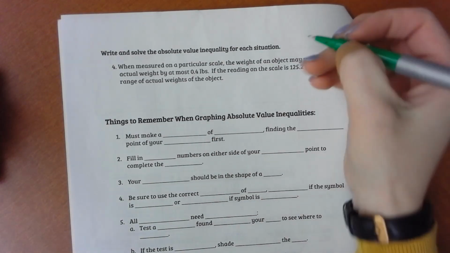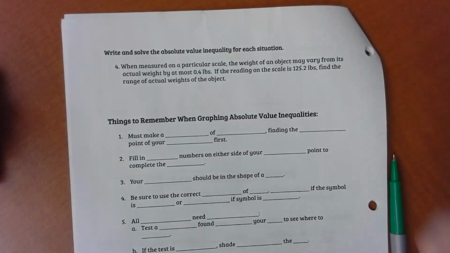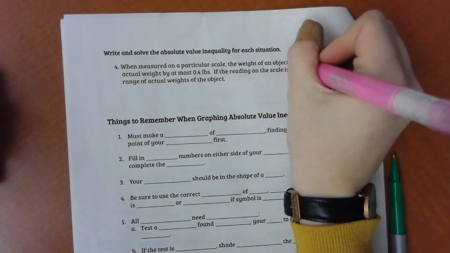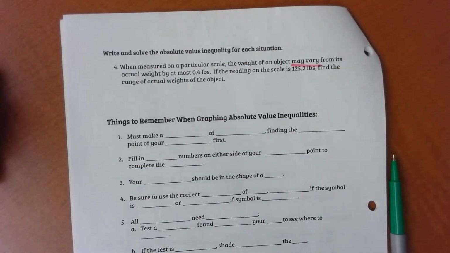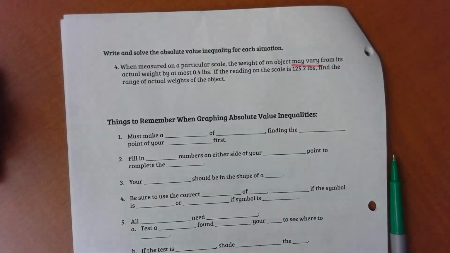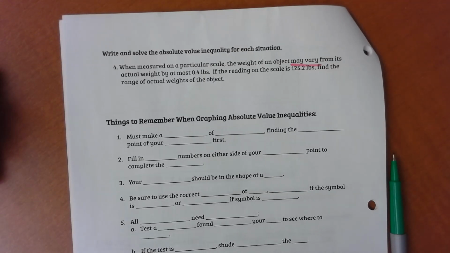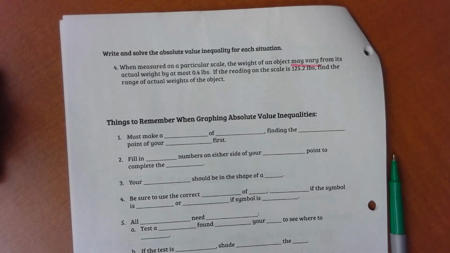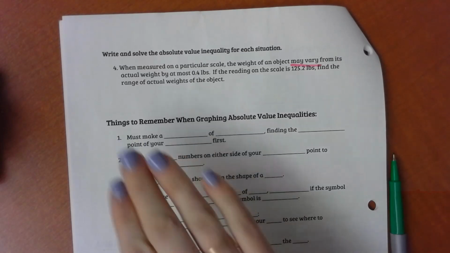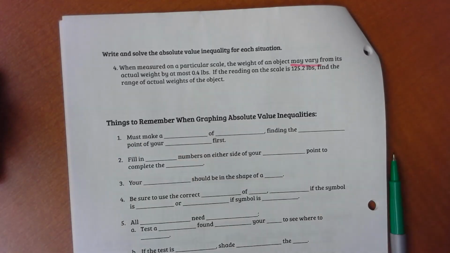So that "may vary" is going to be your key word, from its actual weight of at most 0.4 pounds. If the reading on the scale is 125.2 pounds, find the range of actual weight of the object. So range is another word to tell you that this is going to be the absolute value.